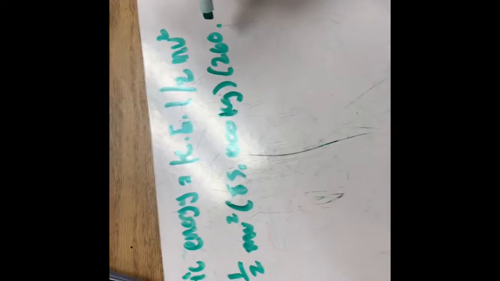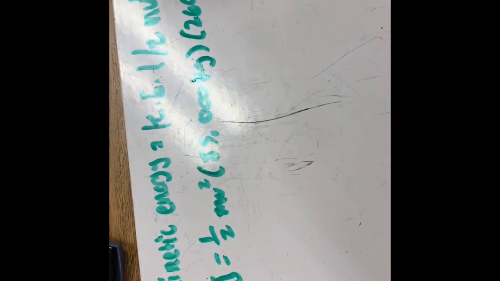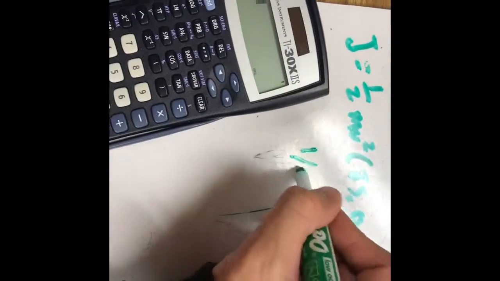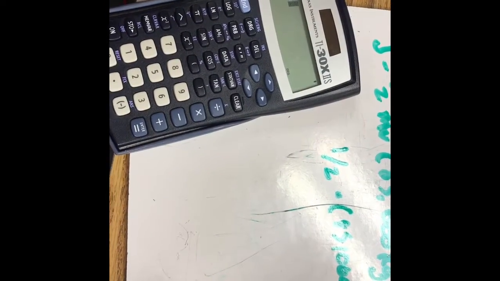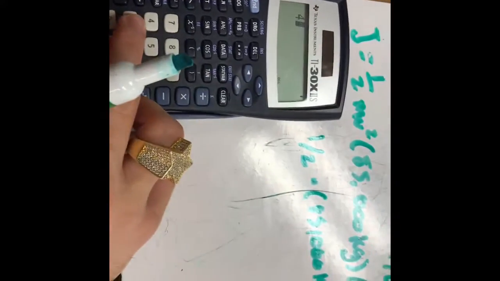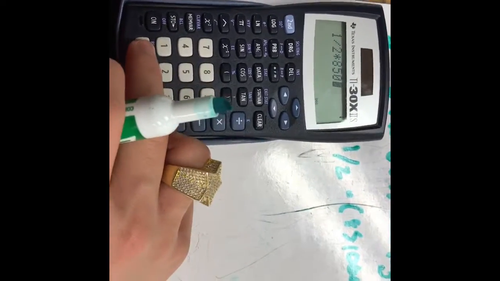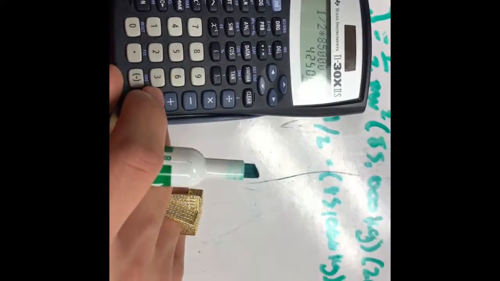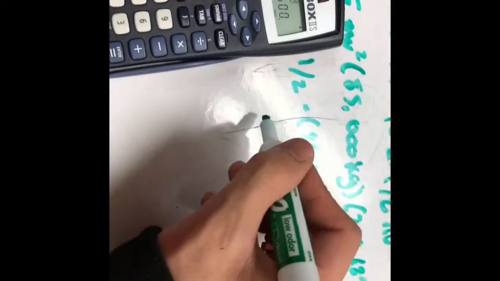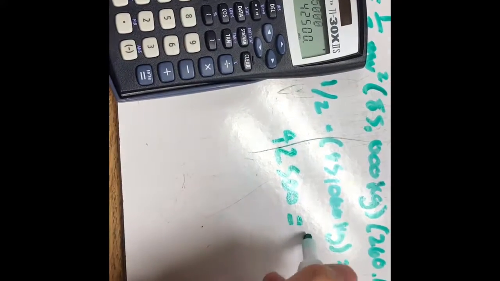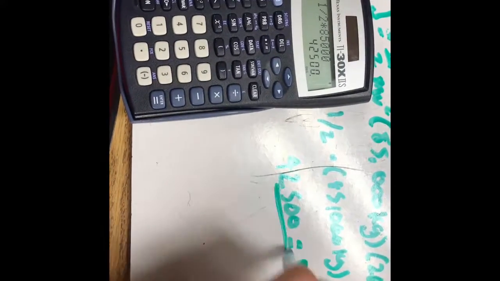And when I'm putting the calculations in, I'm going to multiply 1.5 times 85,000 on the calculator. So I got 127,500, and then I'm going to multiply that by 260.62.